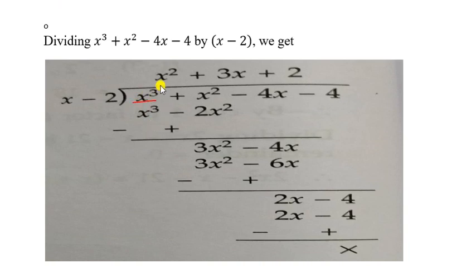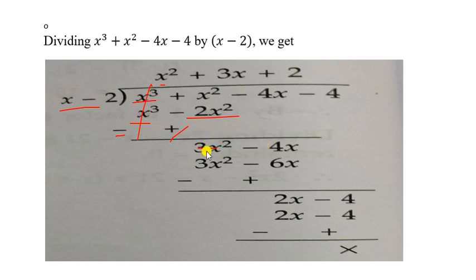See here, first x square. If we multiply x square with x minus 2, then it will come x cube minus 2x square. So here it will be minus and here plus, so you have to change the sign. So here plus x square and here plus 2x square, that means 3x square will come. Here minus 4x will come down.